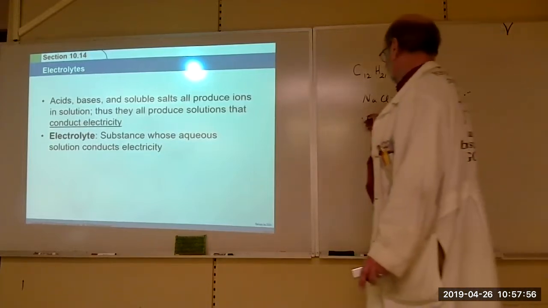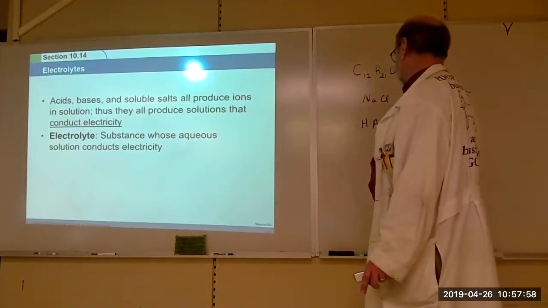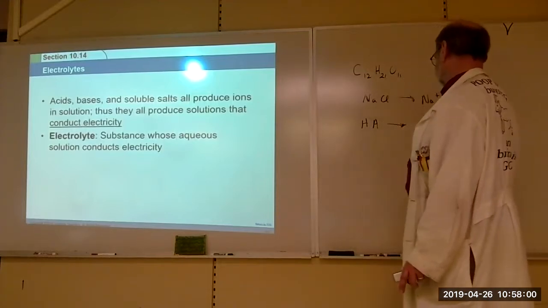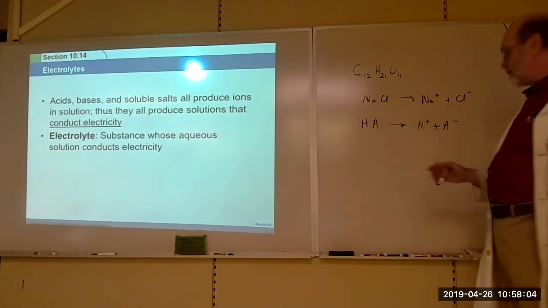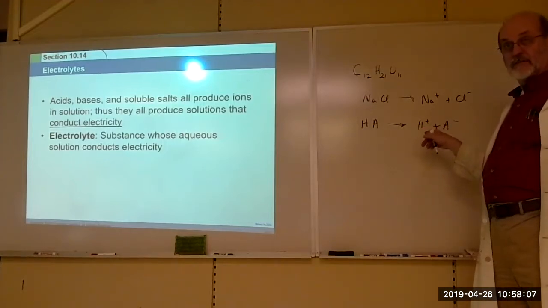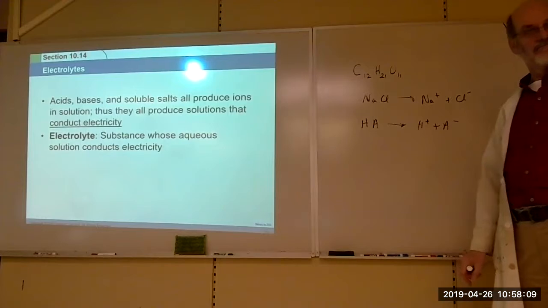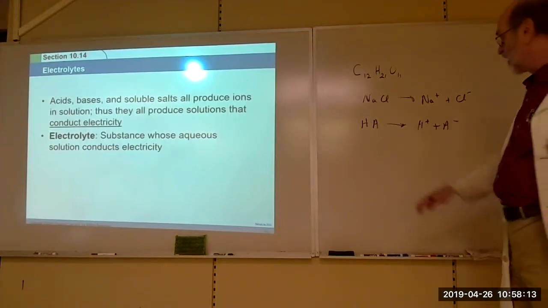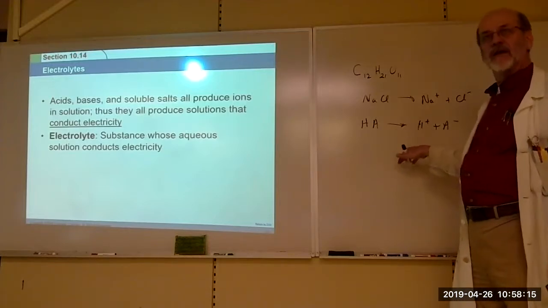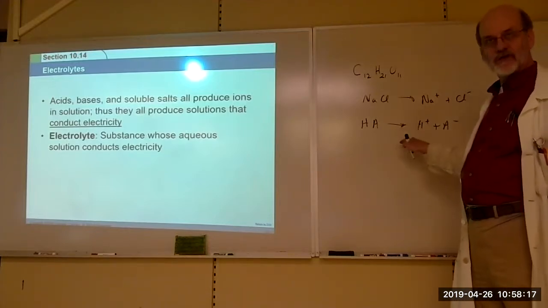Or if we put in any kind of acid, it may only make a few ions, but it will still conduct electricity. It might be a weak electrolyte. So acetic acid here would be a weak electrolyte. Hydrochloric acid would be a strong electrolyte.